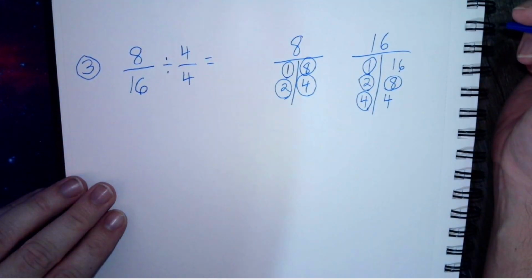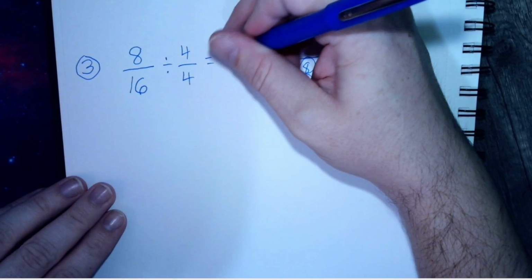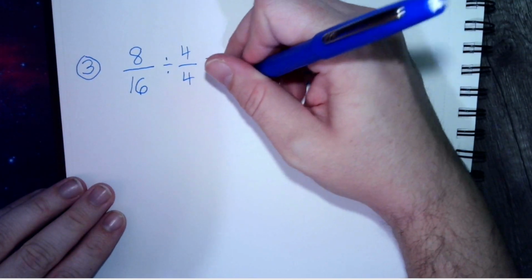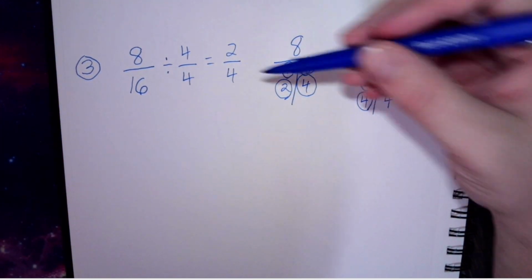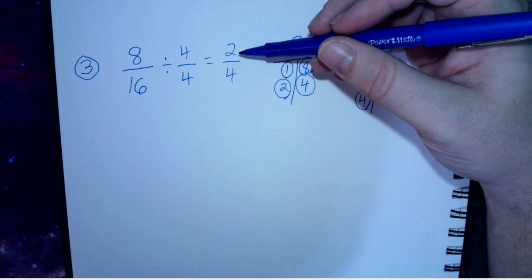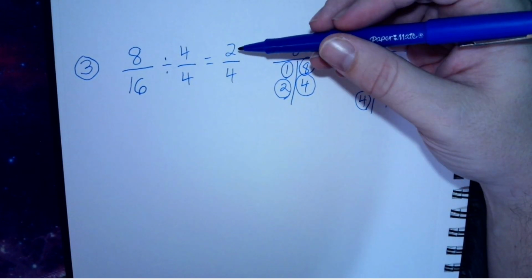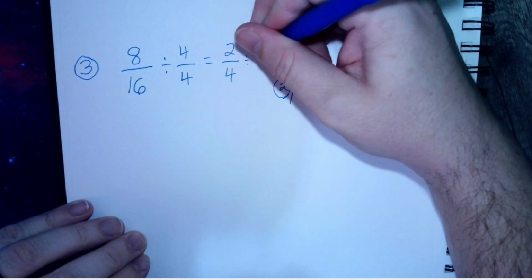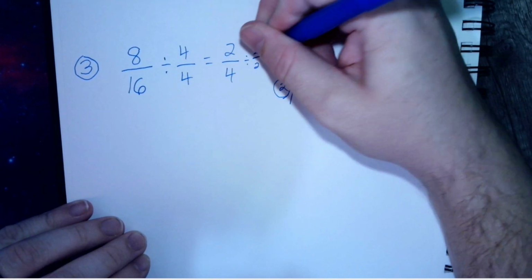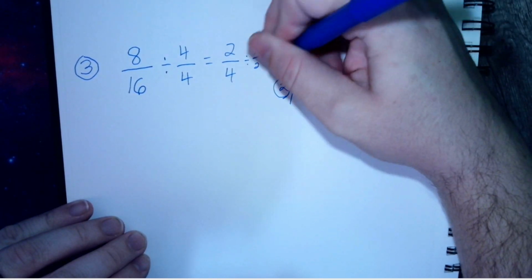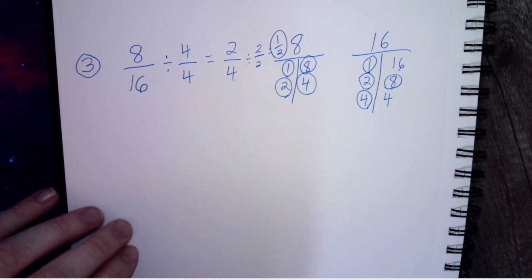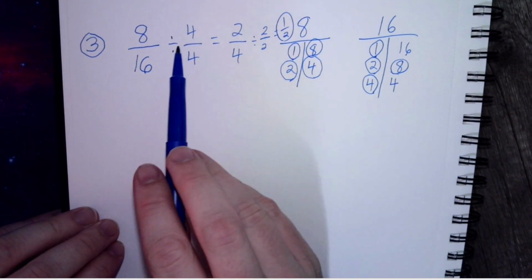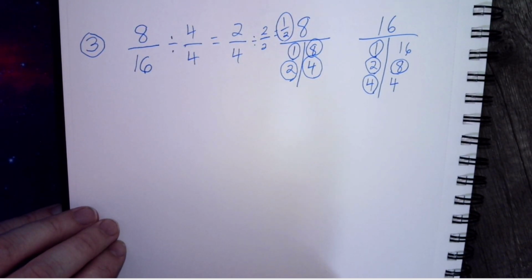I could do 8 divided by 4 and get 2, and I could do 16 divided by 4 and get 4. However, 2 and 4 are each divisible by 2. I can divide 2 by 2. I can divide 4 by 2. So I could divide each of them by 2 and get 1/2. Okay, so I can still simplify, but look, I had to divide an extra time.